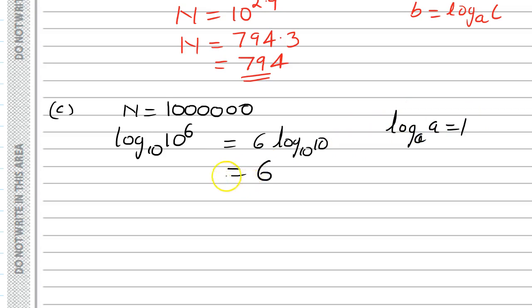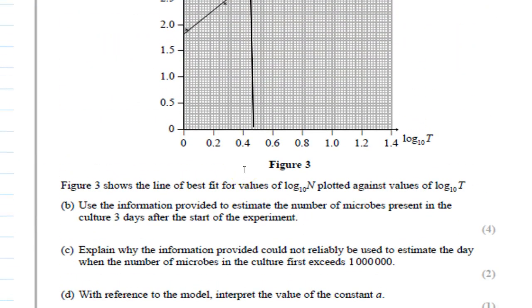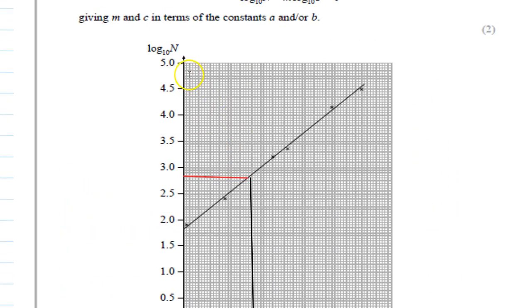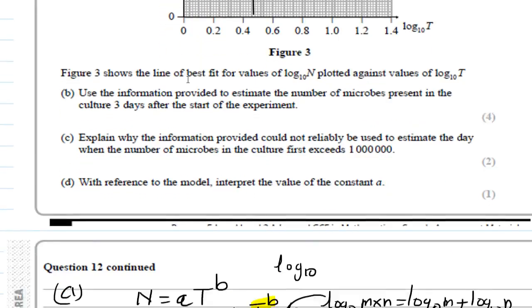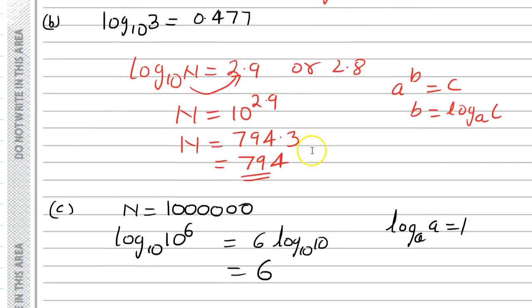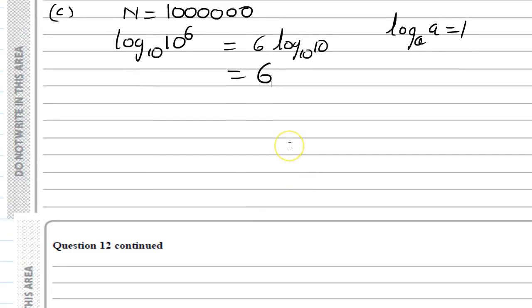So if you see here 6, let's go to the graph. It is showing out of range here. This graph goes only until 5. After that there is no data available. So we can say that to estimate when the number of microbes in the culture first exceeds 1 million, the information provided is not reliable, because it is not given in the graph and it is out of range.